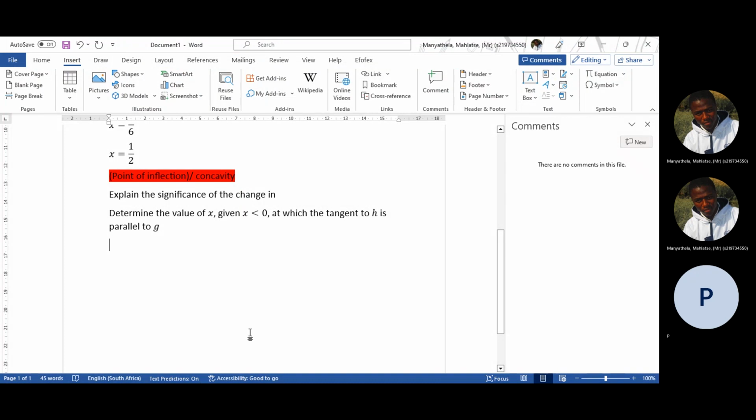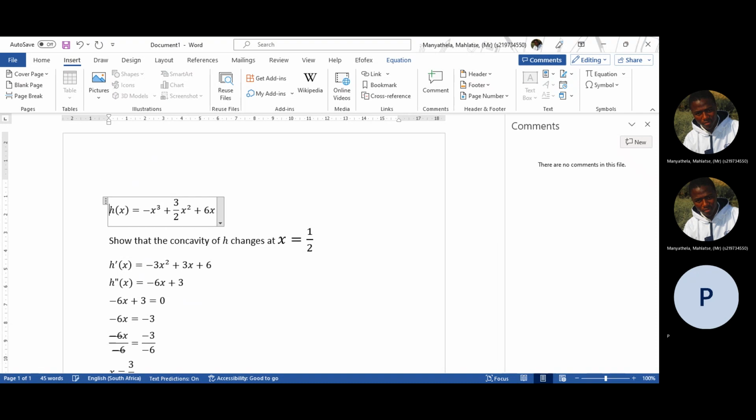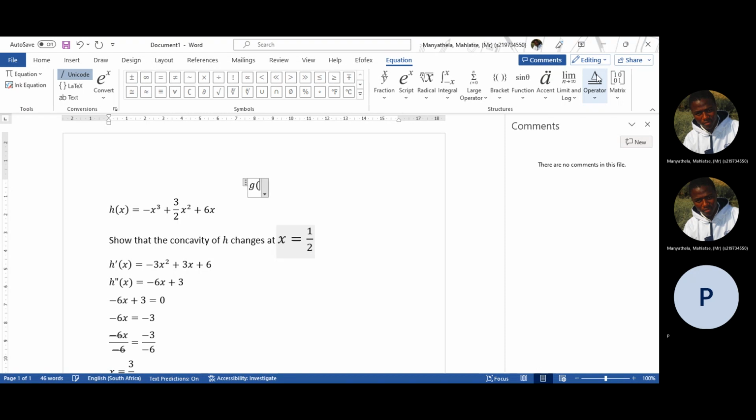If you remember, in the statement that we had, they told us that g of x is equal to negative 12x.